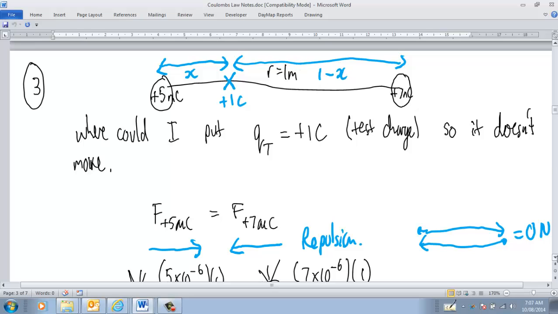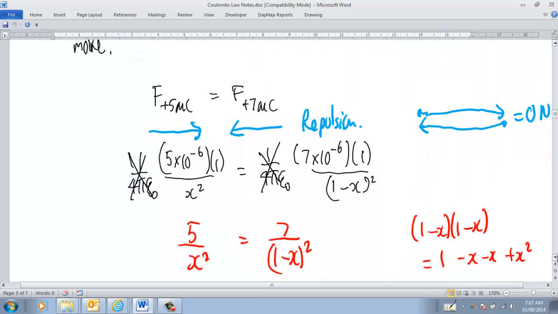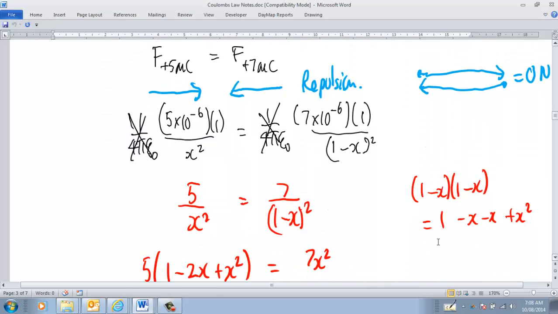Alright, because we know they're 1 metre apart, those two things. So if we do that, now this is the idea of using a ratio. Okay, now if we start using these 10 to the minus 6s, you can do it like that. But really, these charges are in a ratio of 5:7. Okay, and that's going to be x squared, and that's going to be 1 take x squared.